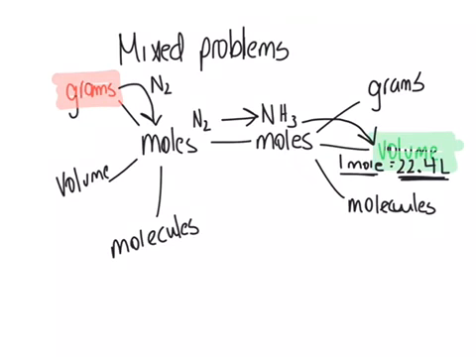So it doesn't matter the material. If it says volume or it says it's a gas, it's always going to be that 1 mole equals 22.4 liters. If it doesn't say volume or gas, then we always use our molar mass to get over here to grams. So that's just one little tiny change we're going to see.